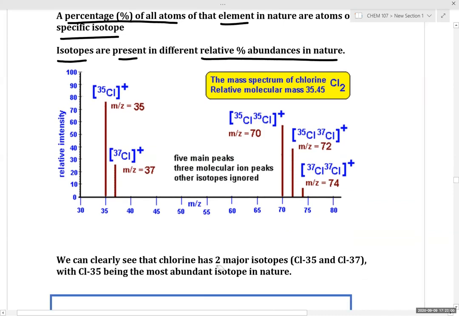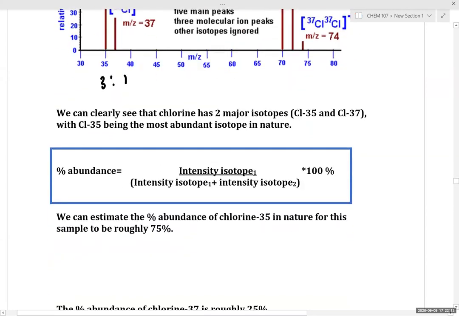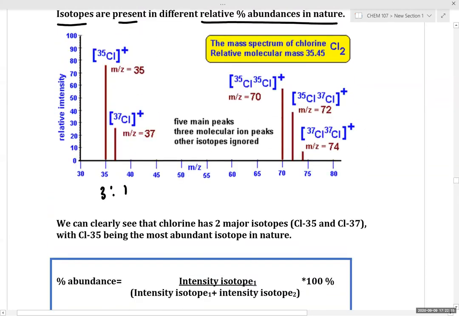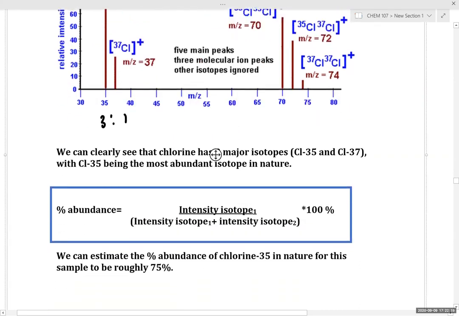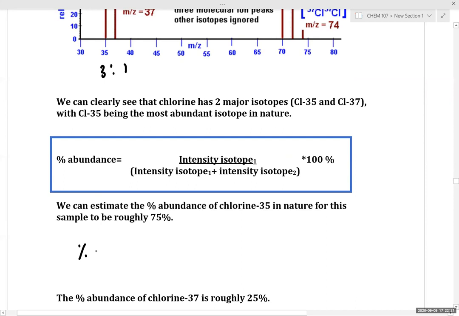So for example, we clearly see we have about 3 chlorine 35 atoms for every 1 chlorine 37 atom in nature. Now, you can estimate the percent abundance of chlorine 35 just by comparing the relative peak height.